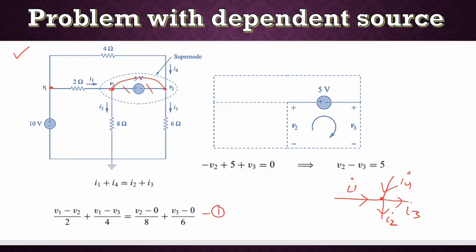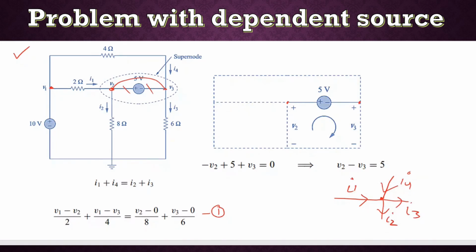Next, after applying KCL at this open node, now you remove the remaining elements. Remove all the elements and keep the element which is in the open node. Which is the element you removed while considering the open node? The 5 volts.